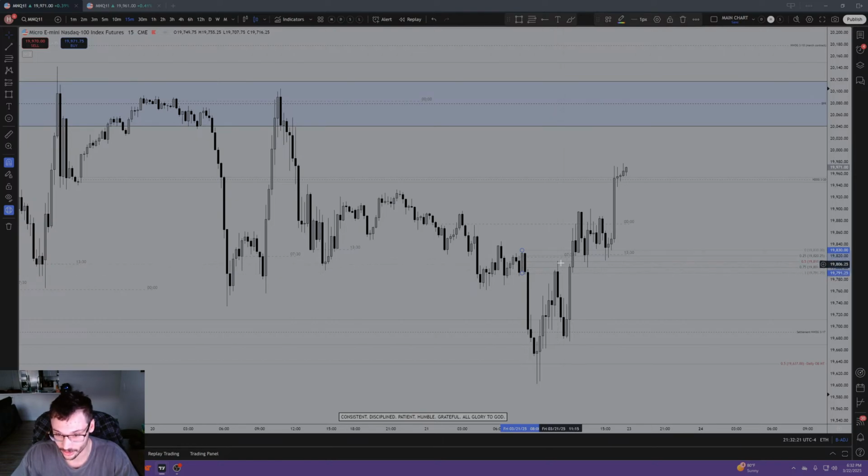Just the wick is 20 points. That's why I don't settle for small moves like that. Usually I'm able to get in somewhere right here, and if my stop is right here, why am I taking profit right here when I see all of this? I see this as a potential target.